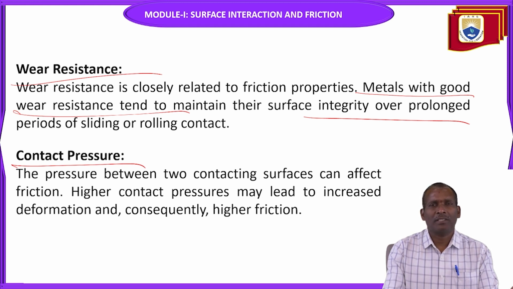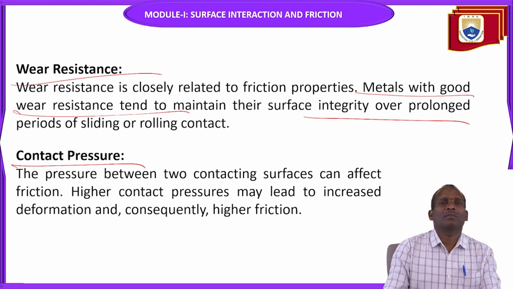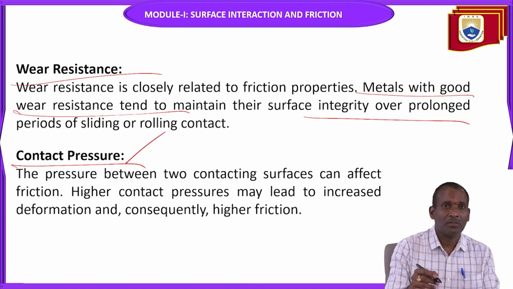High contact pressures may lead to increased deformation and consequently higher friction. The more pressure there is at the contact, the more the material is deformed, in diameter and in length. Due to this deformation, high friction will be generated, so contact pressure also influences friction.